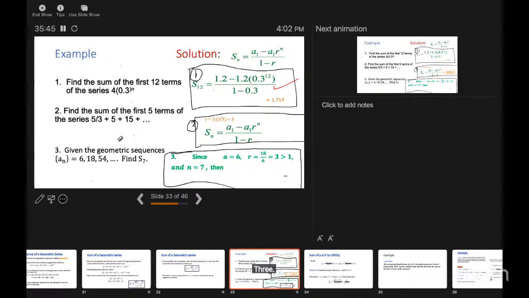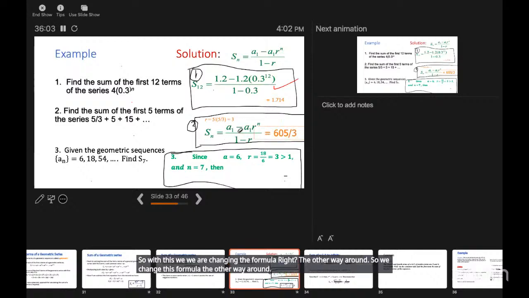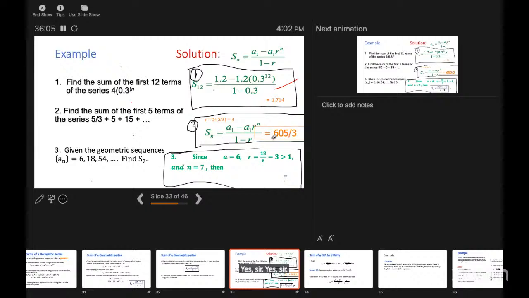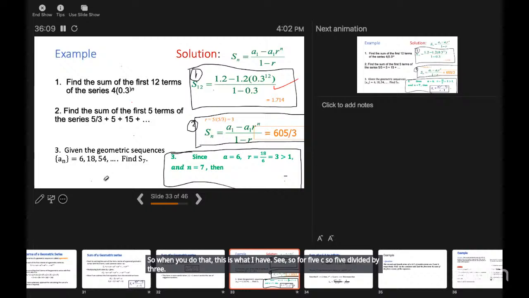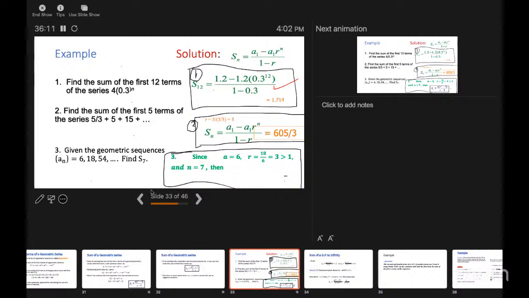Is the common ratio smaller than 1 or bigger than 1? Bigger than 1. So which means we change this formula the other way around. So when you do that, this is what I have, 605 divided by 3.